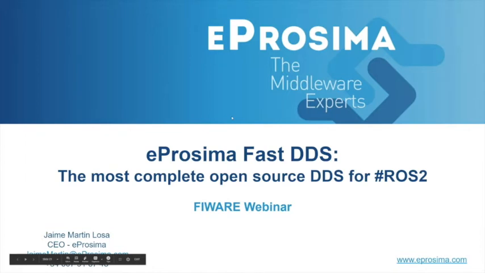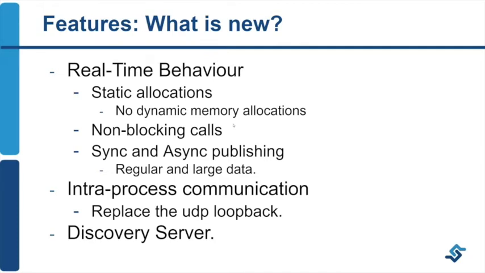So Fast DDS is selected by many organizations. In this case, we are talking about robotics. We are talking about ROS, the Robot Operating System. Why is this? Well, first of all, because we have many interesting features in the latest release. We are releasing our real-time behavior, that is, no dynamic memory allocations. You can set up Fast DDS to allocate all the memory at startup, and this is very important for real-time applications, because dynamic memory allocations are usually not very predictable.